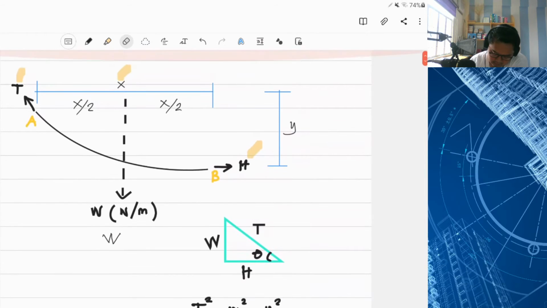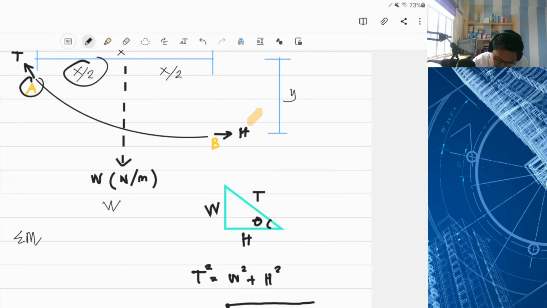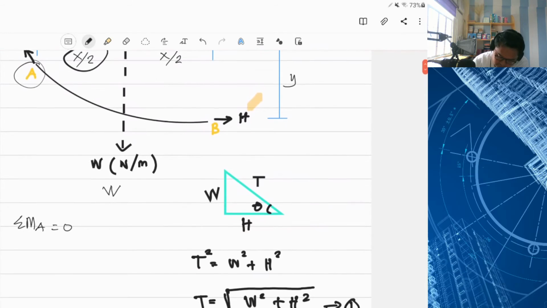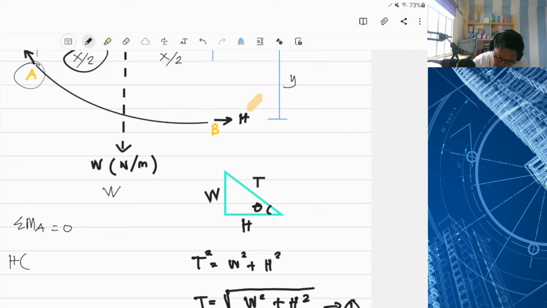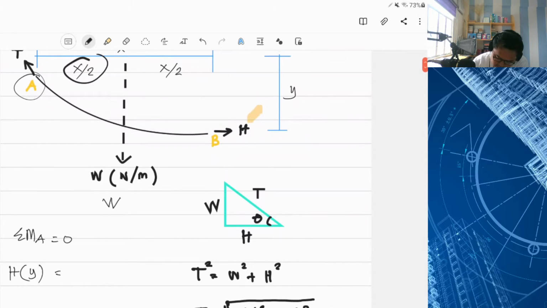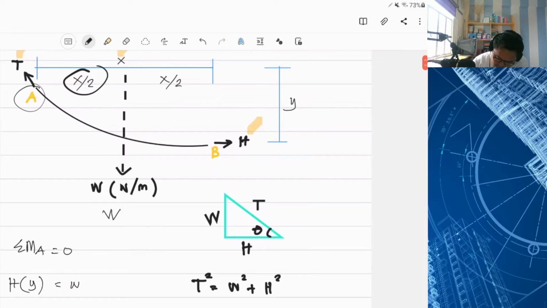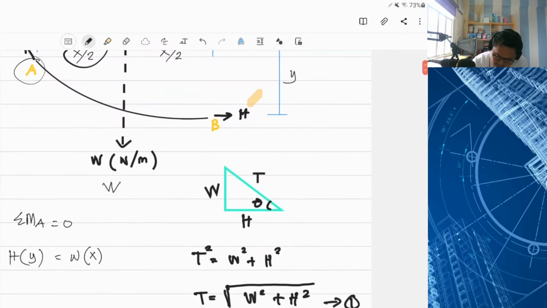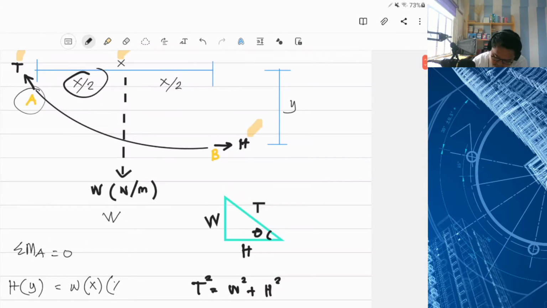Now, looking back to the segment that I already drew, the summation of moments about A equals 0. So I will sum up the moments about A. What are the forces involved? H times Y, the sag of the segment, equals W times X. Because W is a uniform load, we have to compute the overall load of this segment, so Wx times the moment arm x over 2.